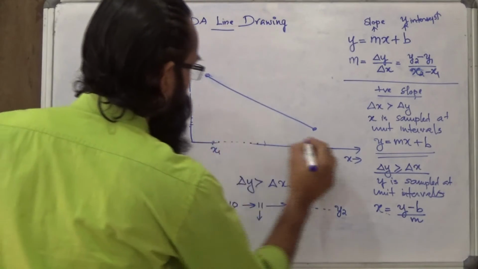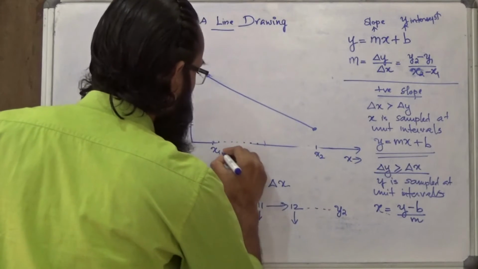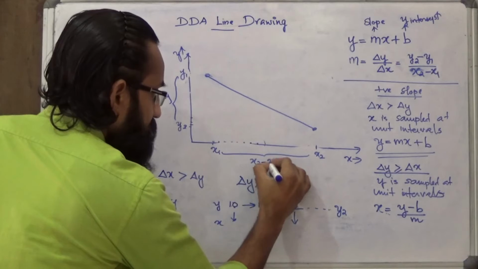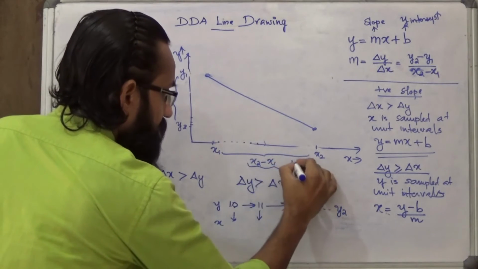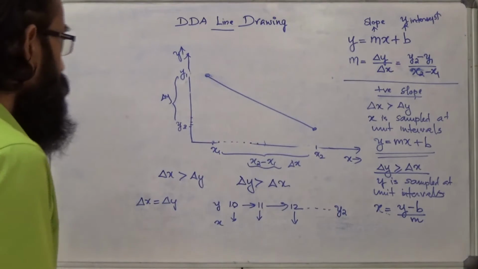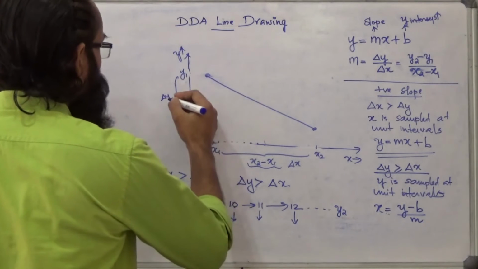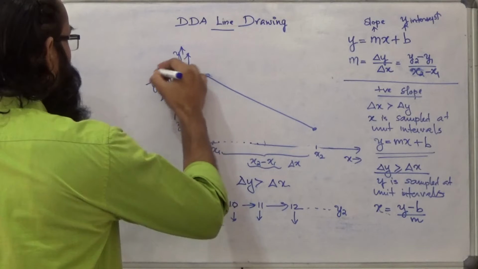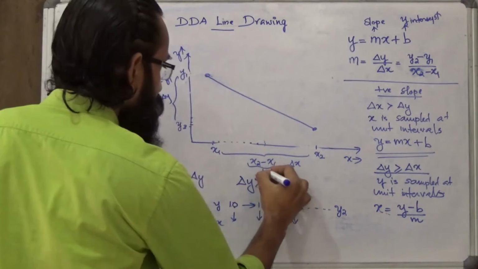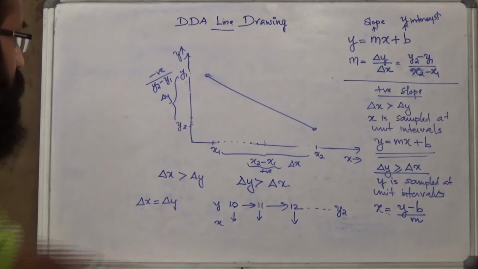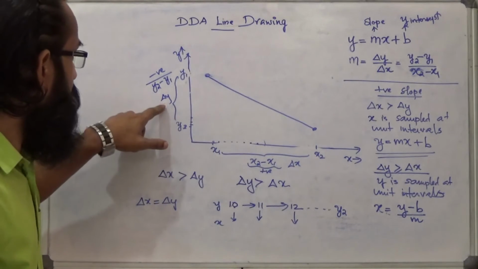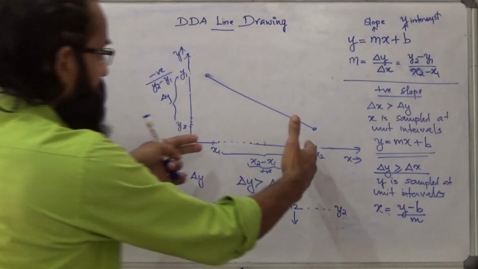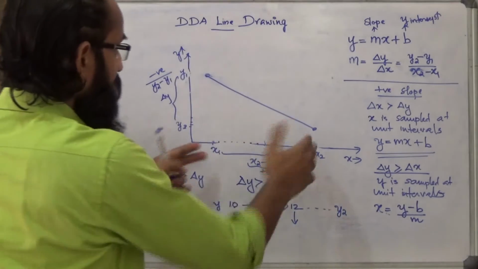So this is x1 and this is x2, and it is pretty clear that x2 minus x1, that is delta x, is positive, and what about y2 minus y1? y2 minus y1 will be negative. So delta x is positive and delta y is negative. But if you consider the actual x difference and y difference, x difference is greater.